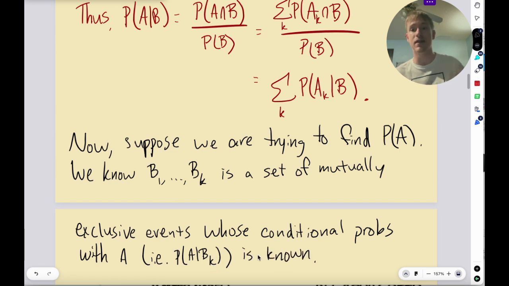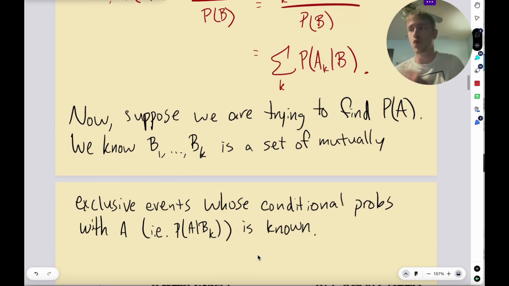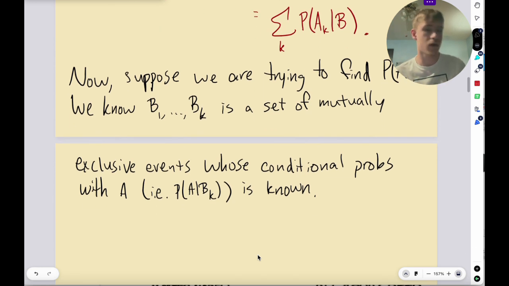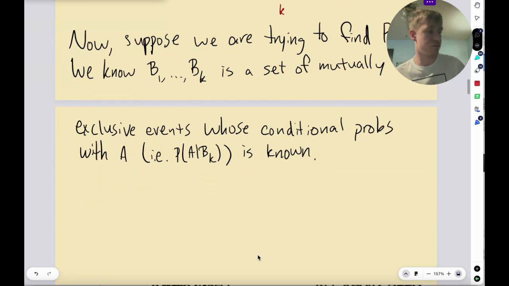Instead of A sub k given B, now we're trying to find the probability of A given that some possible event out of the total B events occurs. Well, what happens then?